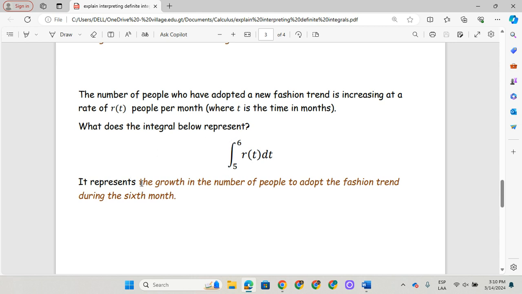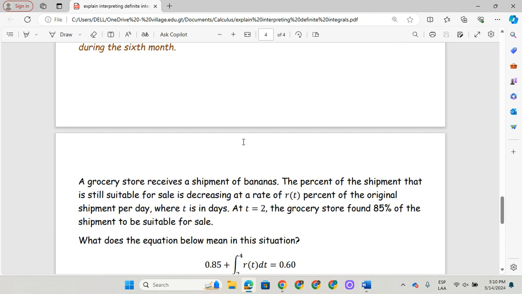So it represents the growth in the number of people to adopt the fashion trend during the 6th month. Why the 6th month? Because it's from 5 to 6. 5 months have already been completed, and this is from after the fifth one ended to the sixth one. So the 6th month.